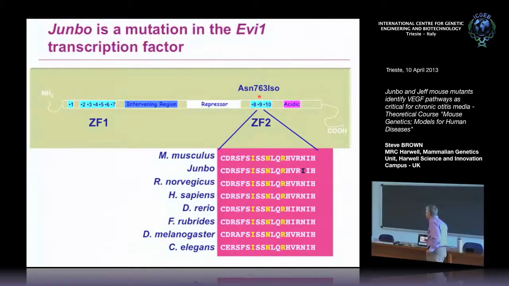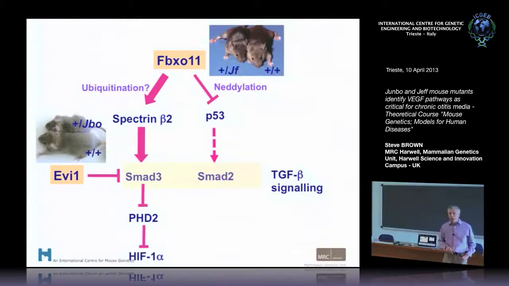Now, the interesting thing, to cut a very long story short, about both of these mutations, the Jeff and the Junbo mutation, is that both of these proteins are involved with TGF-beta signaling. In the case of FBOX11, we know that it probably, through a molecule called spectrin beta 2, has an impact on SMAD3, which is involved with TGF-beta signaling.